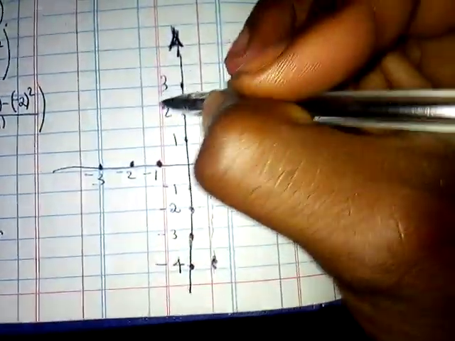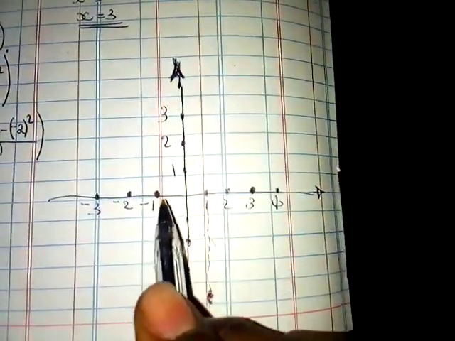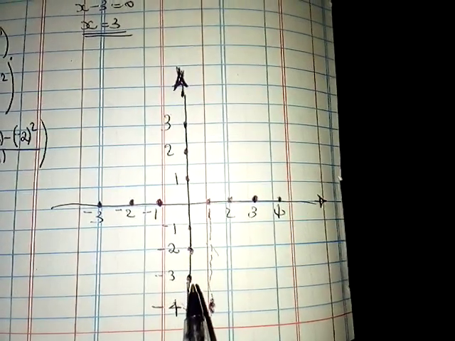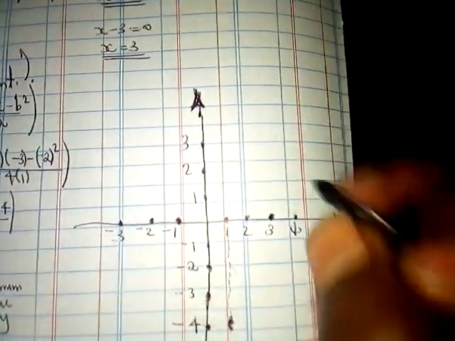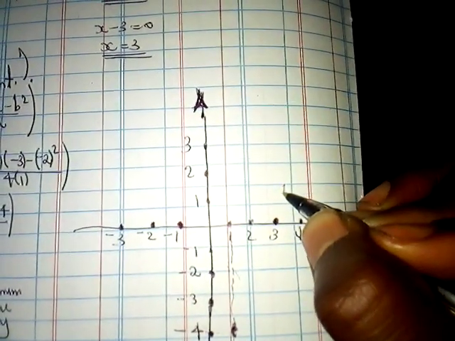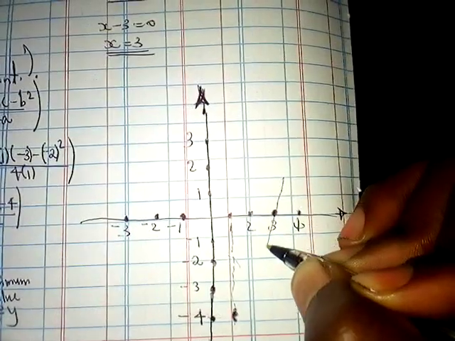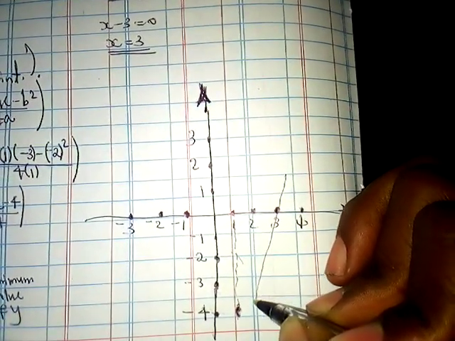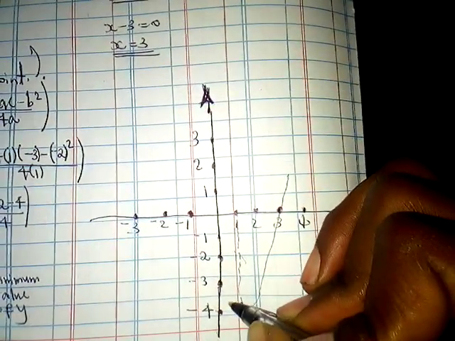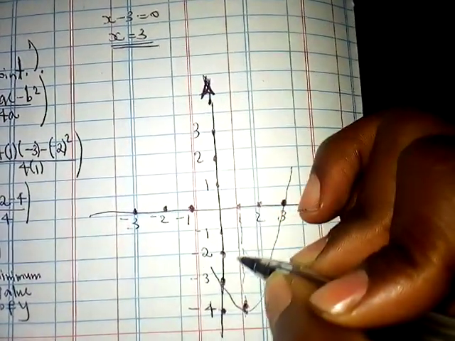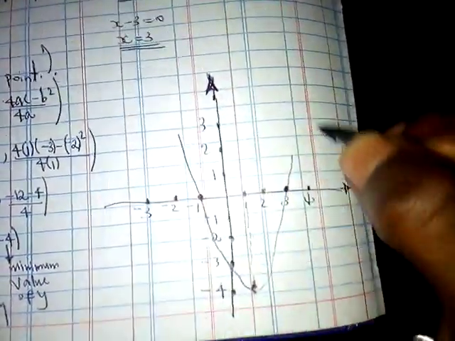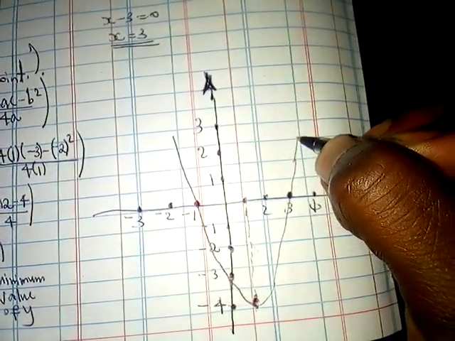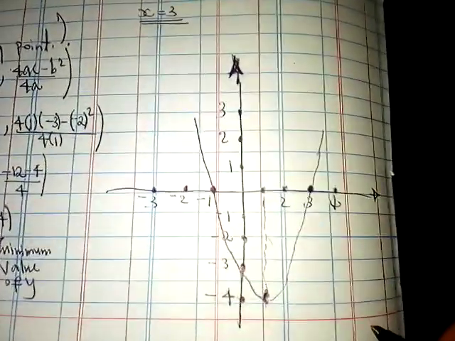Okay, so if it's sketching it, remember -1, -3, and then -4, and then +3. So it's going to come, turn, and then rise like that, in that way.